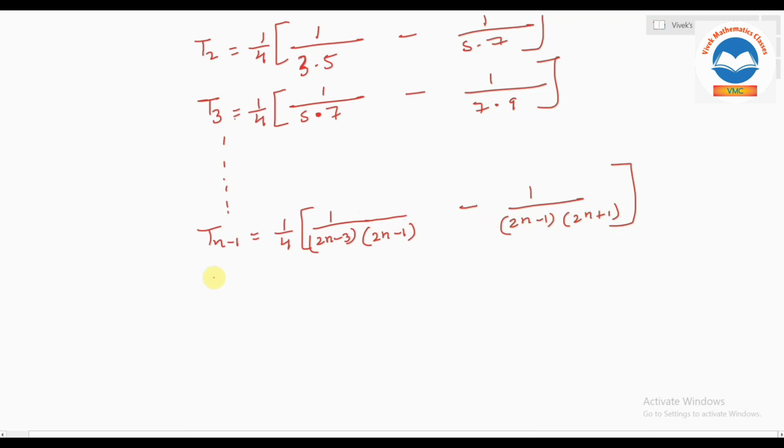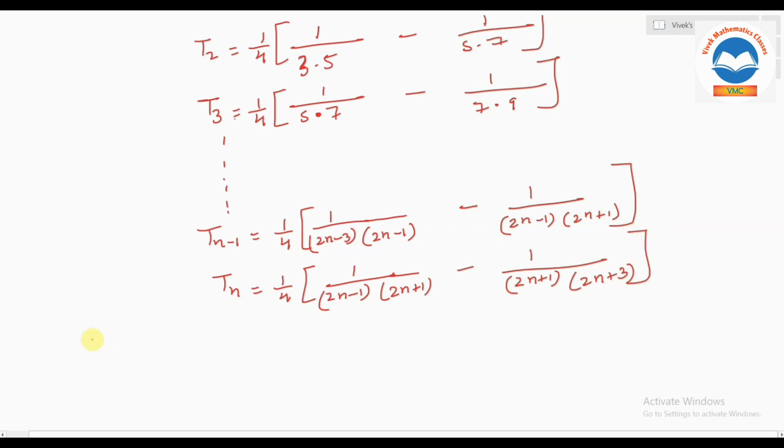Next Tn. What will be our Tn? Tn is given as 1 by 4 into 1 divided by 2n minus 1, 2n plus 1, minus 1 divided by 2n plus 1 into 2n plus 3.